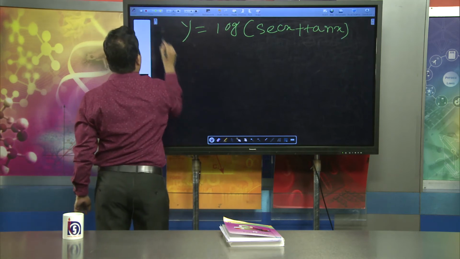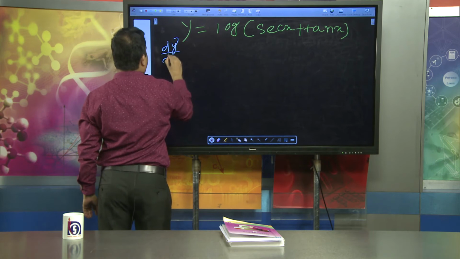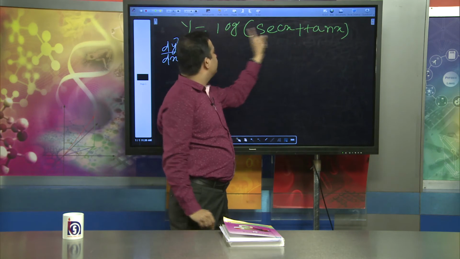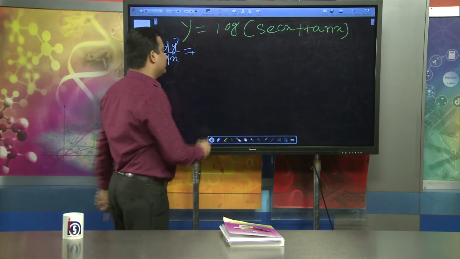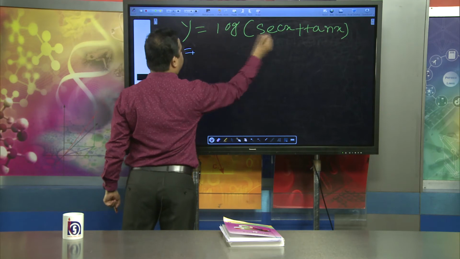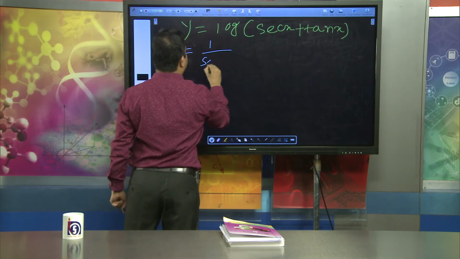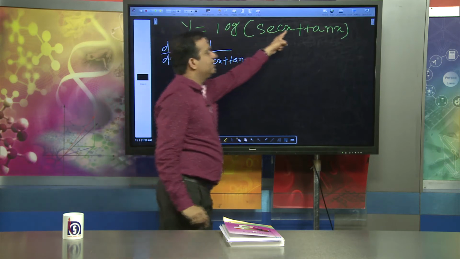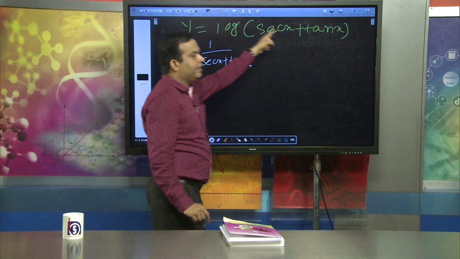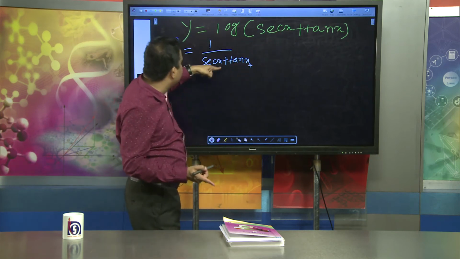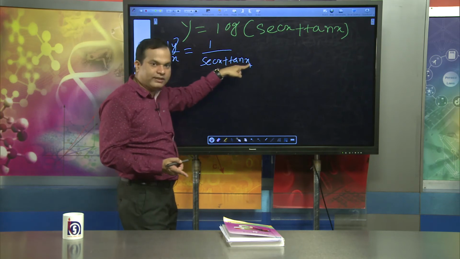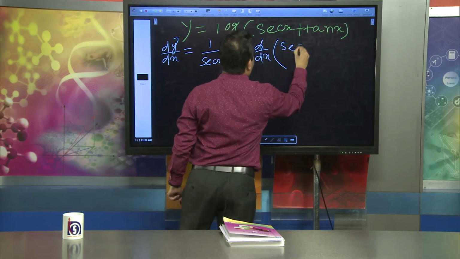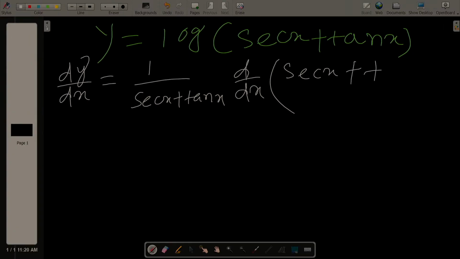Suppose sec x plus tan x is t. The derivative of log t is 1 by t, so dy by dx is 1 by sec x plus tan x into the derivative of sec x plus tan x.